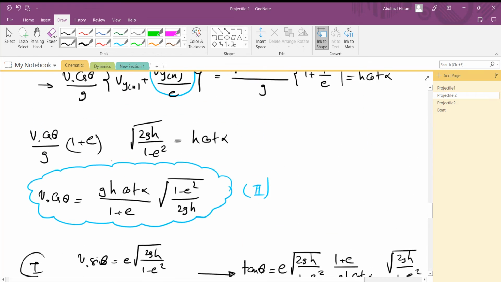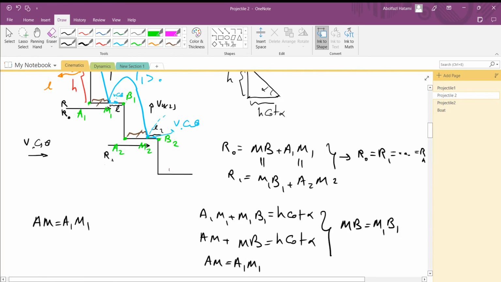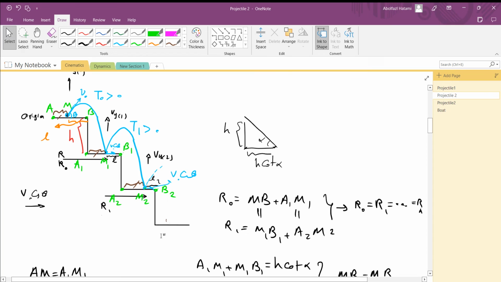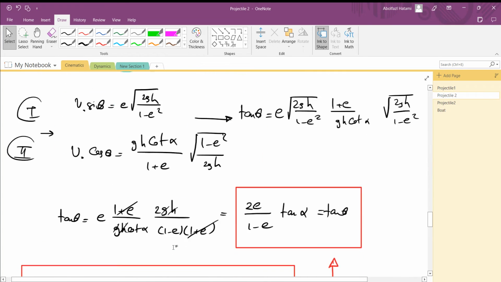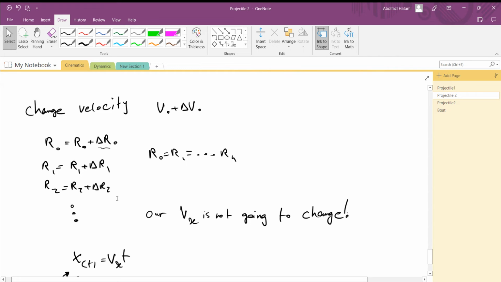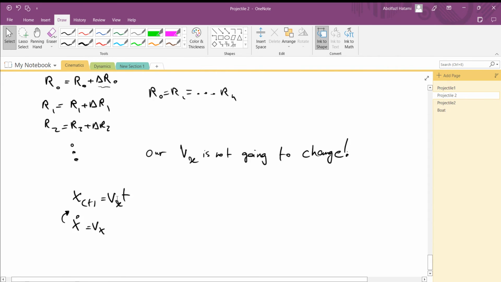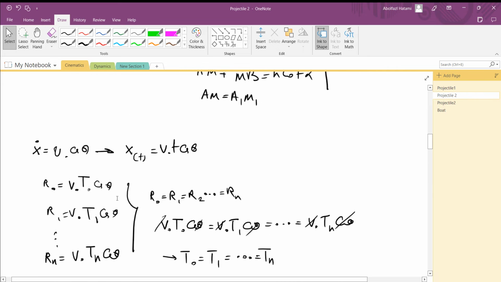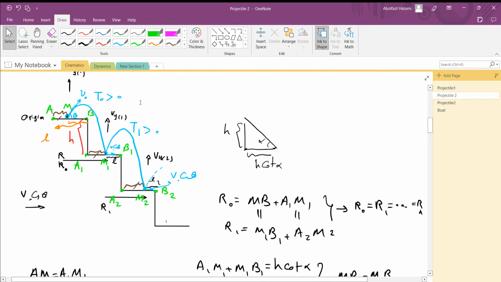So if we want to calculate these r's, r0, r1, and r2, and find their changes, for example delta r0, delta r1, we should understand how our times change when we make this change to v0.